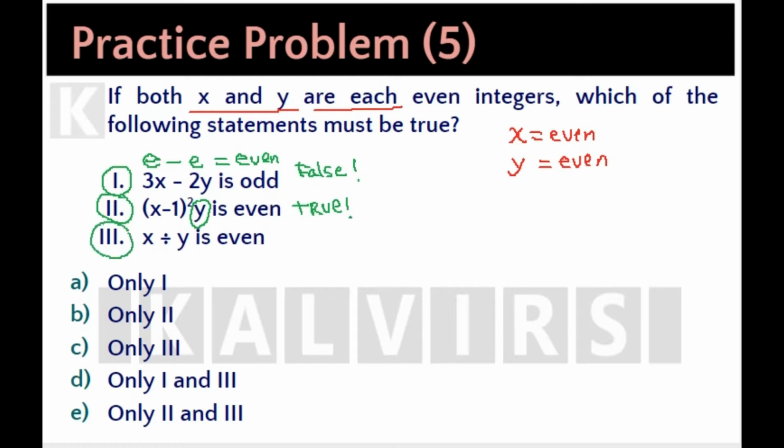Number 3 is false because the quotient of that division, even divided by an even integer, might be either an even integer or an odd integer, and we cannot determine this quotient since we don't know what numbers x and y are. So statement 3 is definitely false. Finally, letter B is our answer.